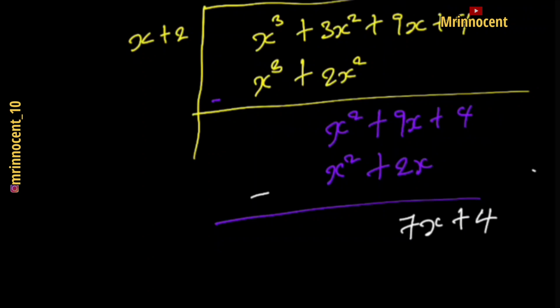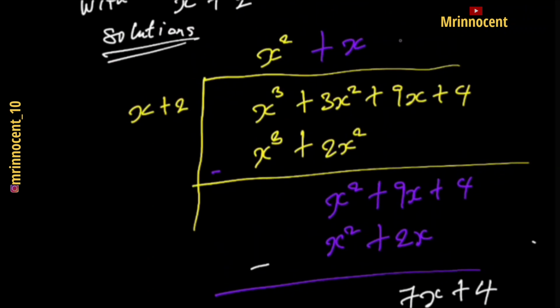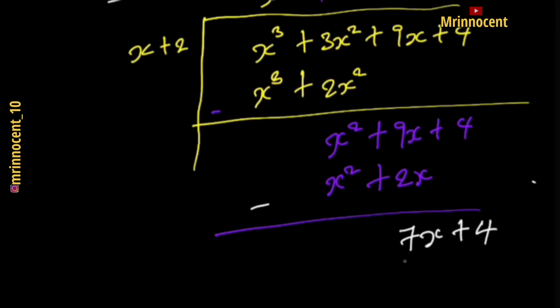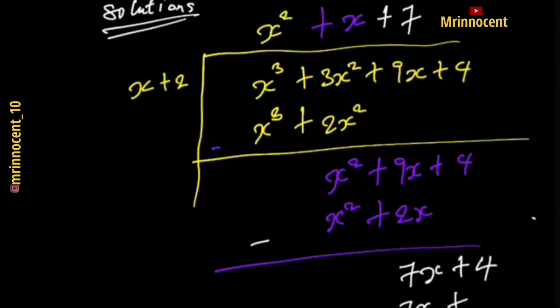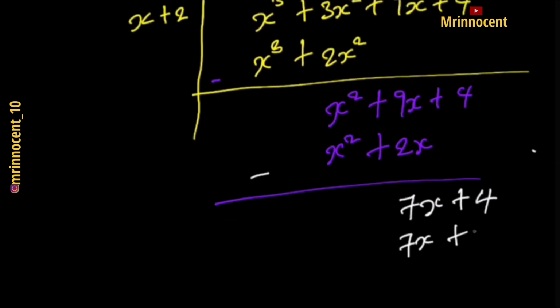So x divided by 7x is plus 7. 7 times x is 7x. 7 times 2 is 14. So you subtract it.